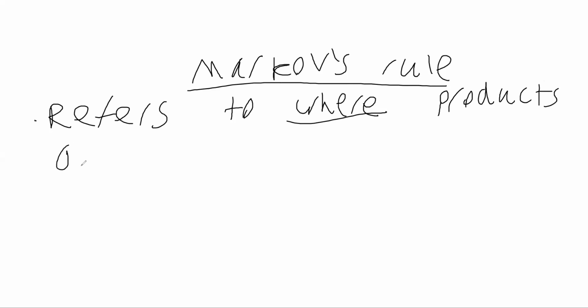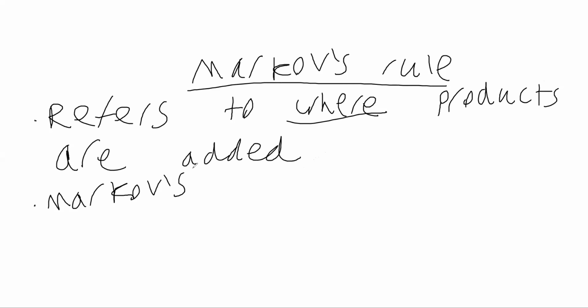Not the stereochemistry, that would be stereoselectivity, but regio is where products are added. And Markovnikov's rule is generally referring to the more interesting, in quotes, part of the reaction.